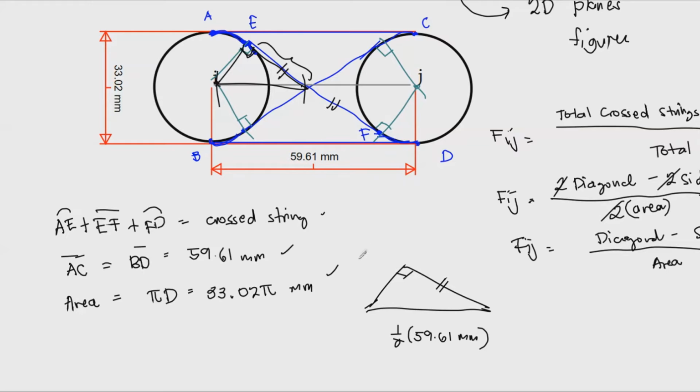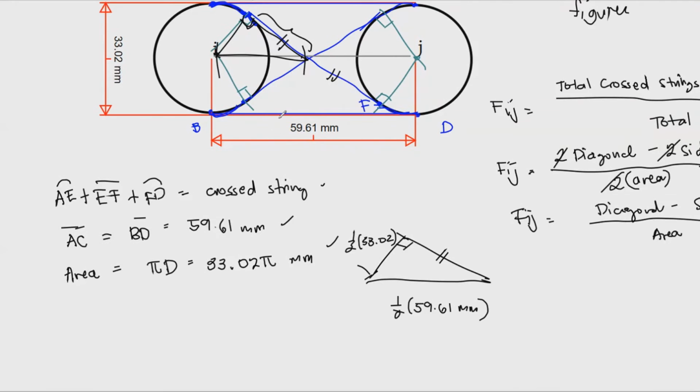So I can also give the value of this length, which is 1/2 of 33.02. So in this case, taking this, let's say this is theta.